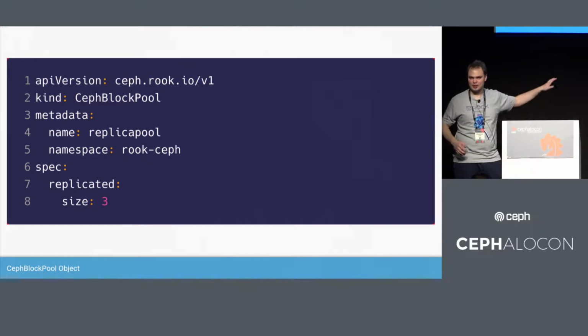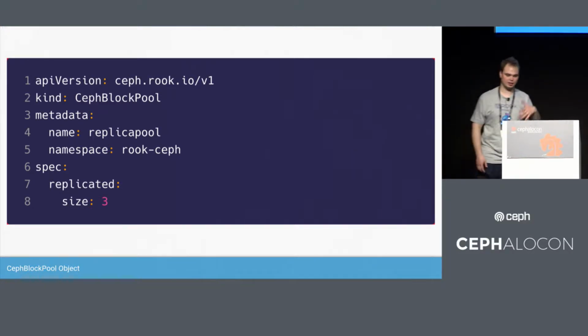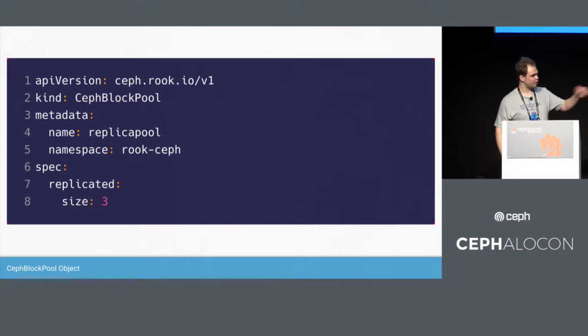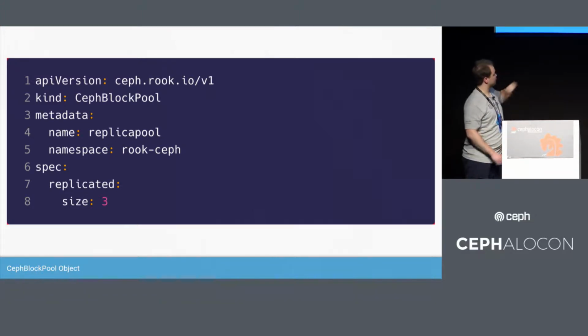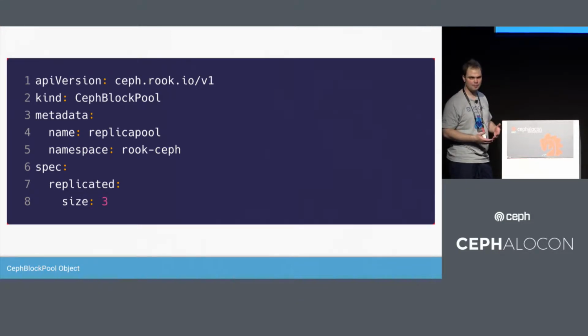The Rook operator talks with the Ceph cluster in the Kubernetes cluster. We're working on having it with an external cluster too, thanks to Travis. But you create this object, and with that we would get a replicated pool of size 3. Some are probably saying, where's stuff like min size and so on?